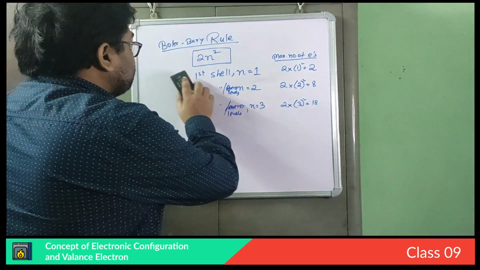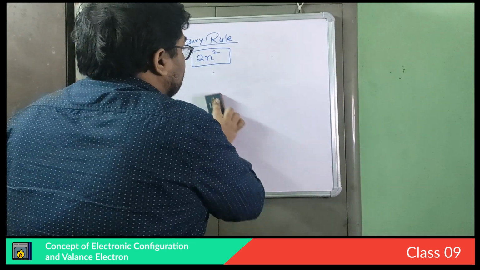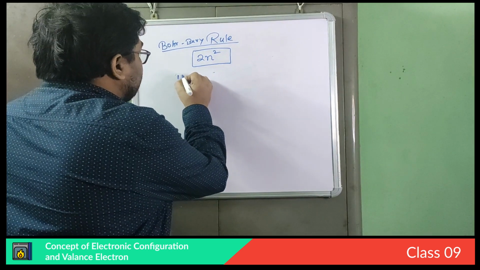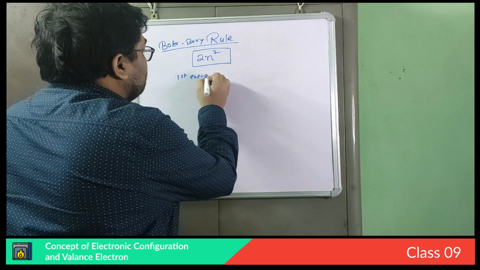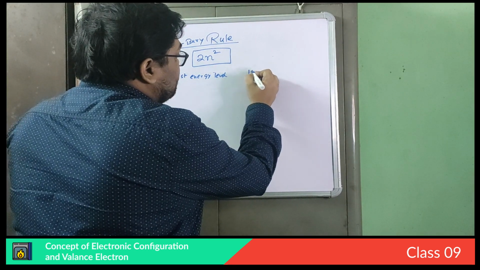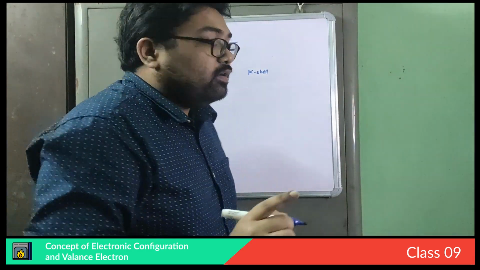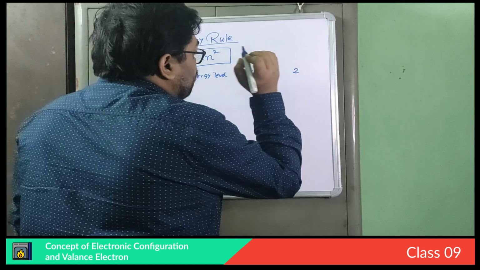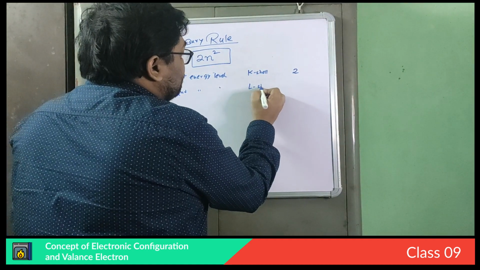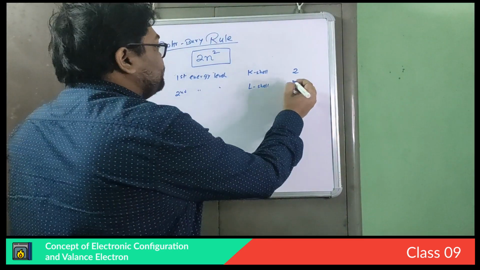Now we know we have represented the energy levels into various shells. For the first energy level, the shell is K shell, and the maximum number of electrons that a K shell has is equal to 2. For the second energy level, that is the L shell, the maximum number of electrons will be 8.